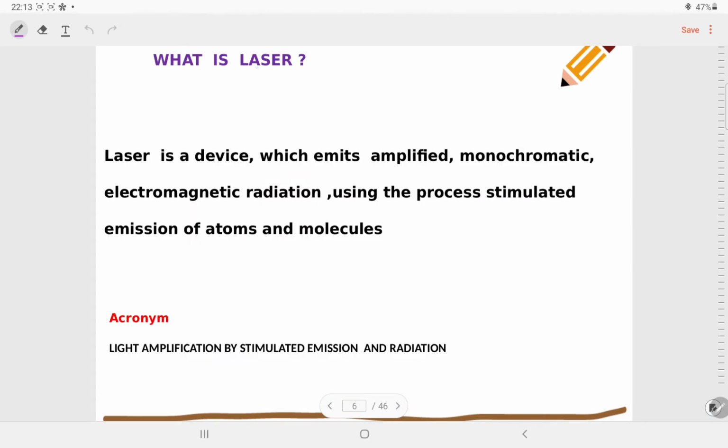So what is laser? As the acronym suggests, it is light amplification by stimulated emission of radiation.